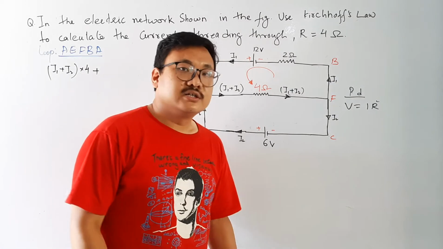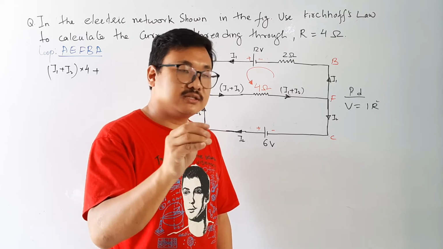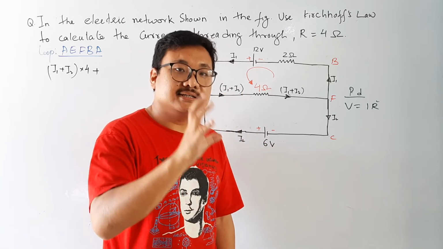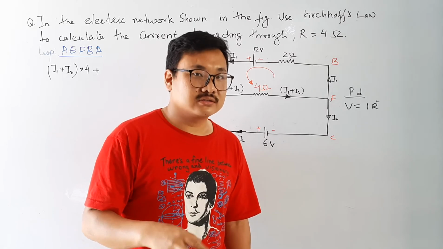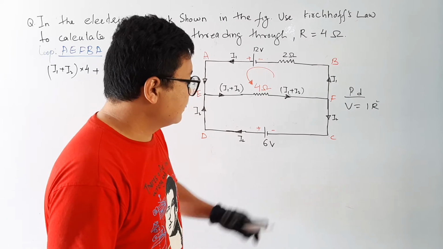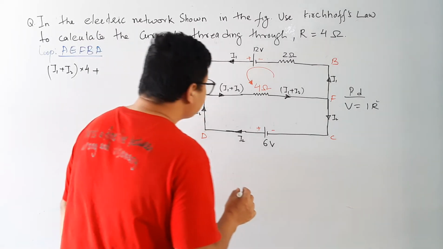Now please do not solve it in a hurry. You have to see the direction and the sign convention. For example, I will give you the sign convention. If the direction of the loop is the same as the direction of the current, then I is taken as positive. In a loop there is always current flowing.